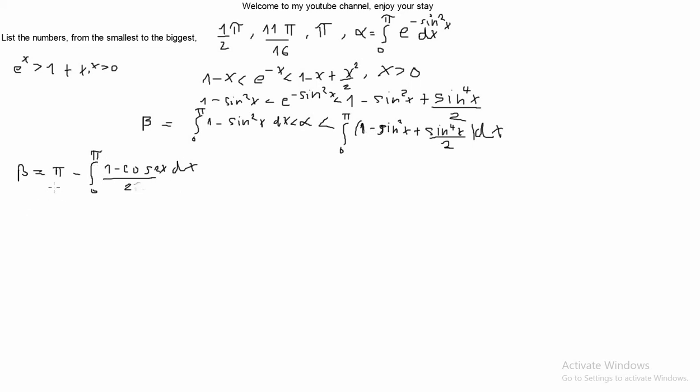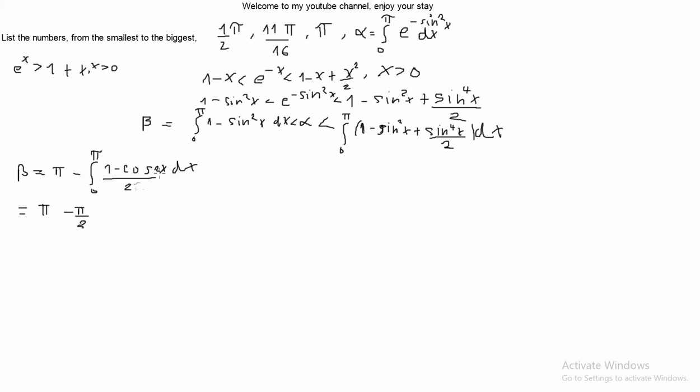When we evaluate this integral, it is really a basic integral. This equals π minus π over 2, so π over 2. How can you evaluate this? You can pull one half in front, and you will have π minus the integral of cosine of 2x.